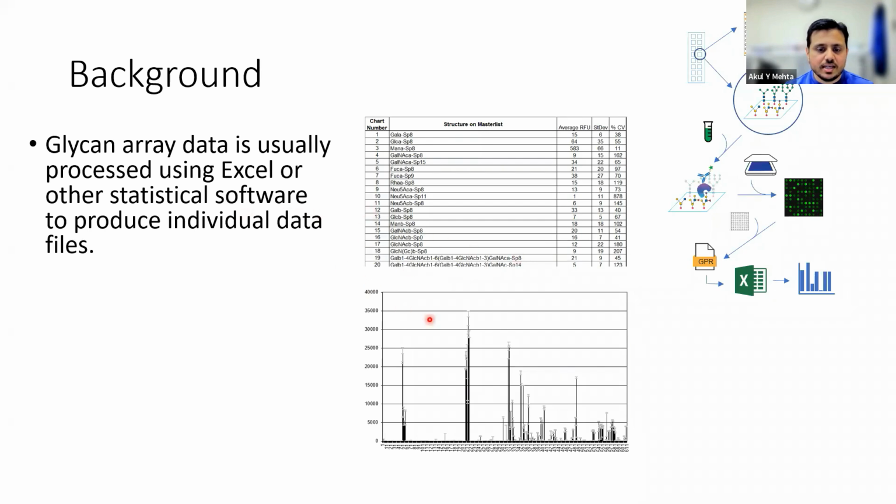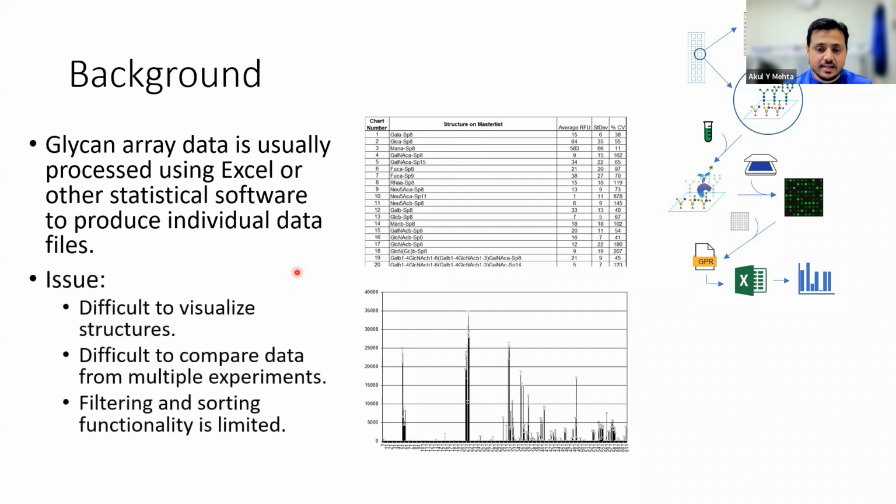And then this usually in Excel would be plotted in such a manner where you would have 600 glycans with their intensity values. Excel is great, but it does have problems with respect to when you're trying to visualize the structures of the glycans alongside such data sets, it becomes really challenging.